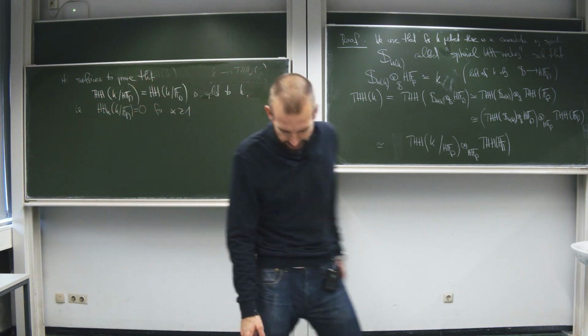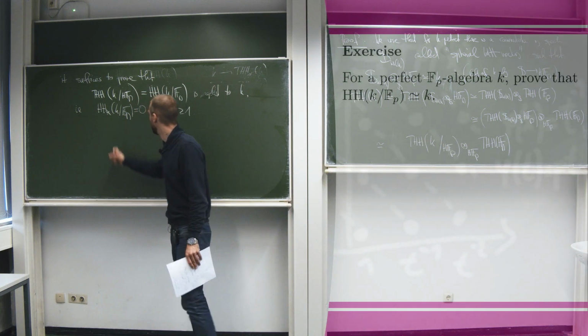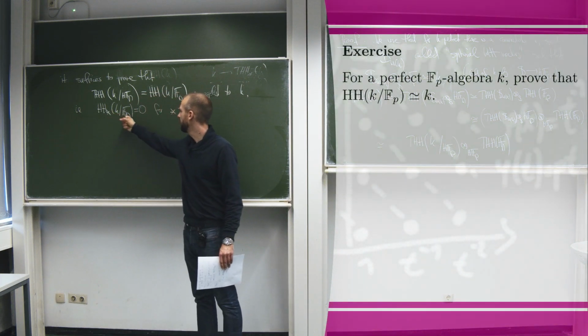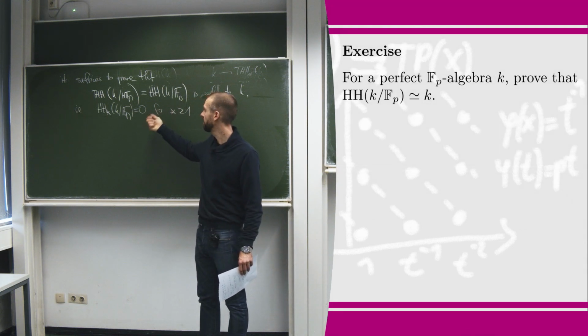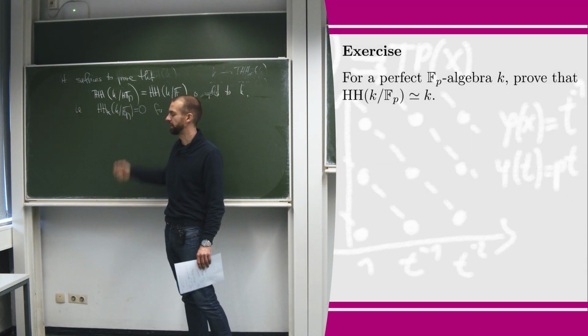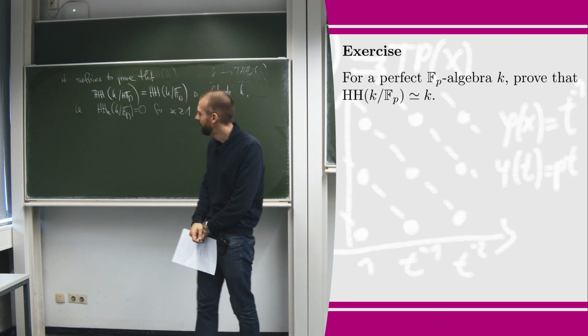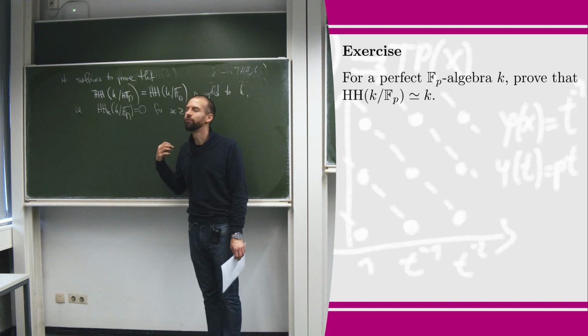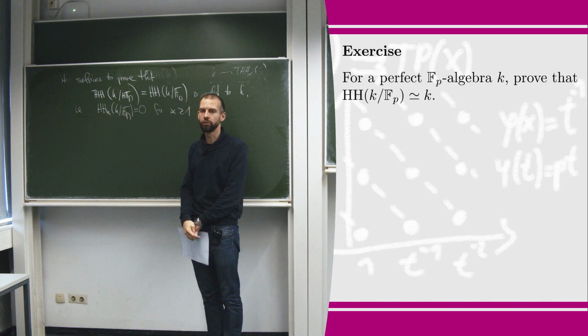And this last claim I want to leave as an exercise. So to prove that HH_* of K relative Fp is 0 for * larger or equal 1, which is a statement that is true for every perfect ring, you should invoke the HKR filtration and use the fact that the cotangent complex of K relative Fp is 0.